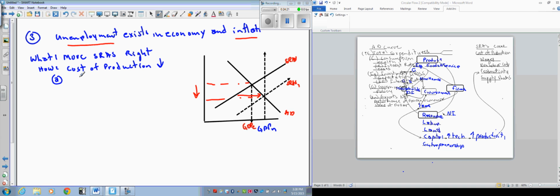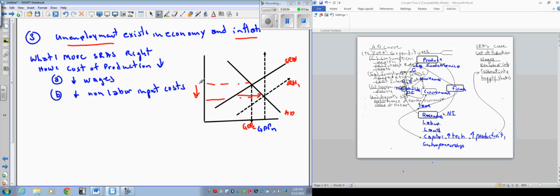The first one is you decrease wages. The second thing you do is you decrease non-labor input cost. Now, wages typically are not something that we would decrease, but non-labor input costs could go down.